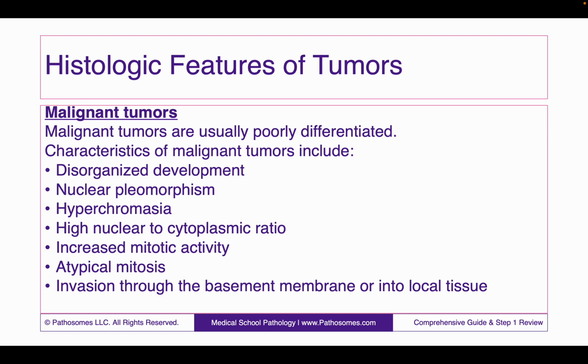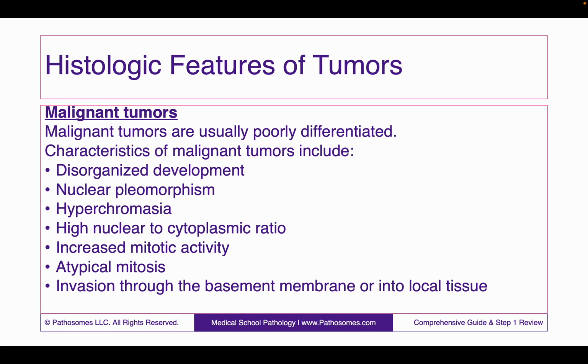Characteristics of malignant tumors are disorganized development and nuclear pleomorphism, right? The cells look very different. Hyperchromasia, right? Very basophilic or very blue appearing microscopically. High nuclear to cytoplasmic ratio, right?